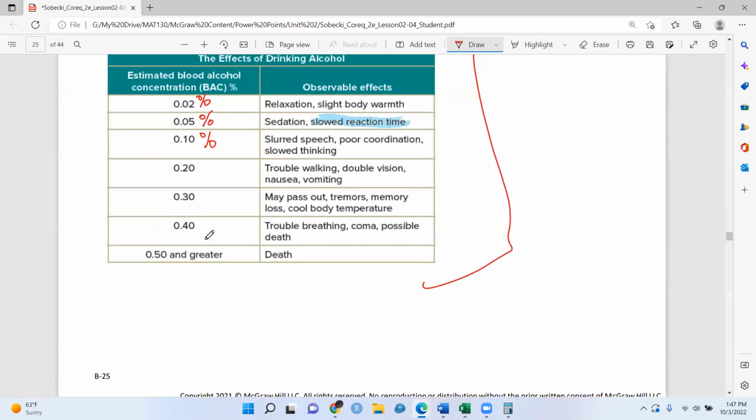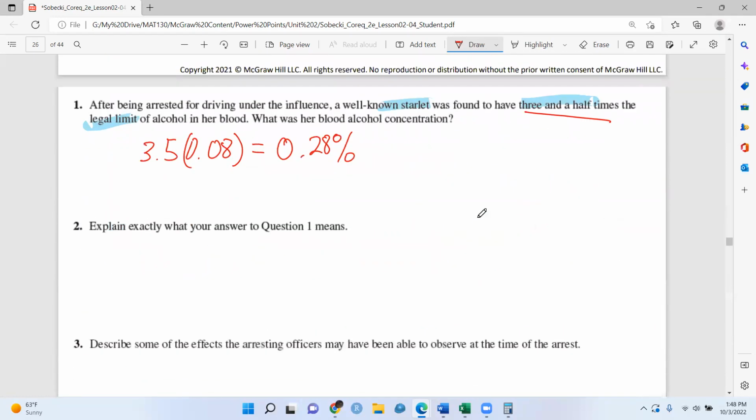So what does this mean? Well, we would go back up here and say, oh my, they're in between these two. So they're almost to the point of passing out, having memory loss, their body temperature is cooled down. They're straddling this line of observable effects. So they were unfit to drive, clearly. They might have had double vision, et cetera.